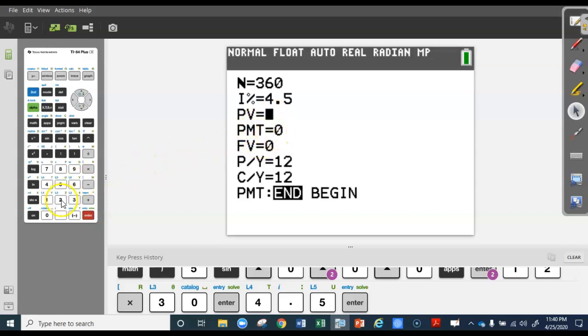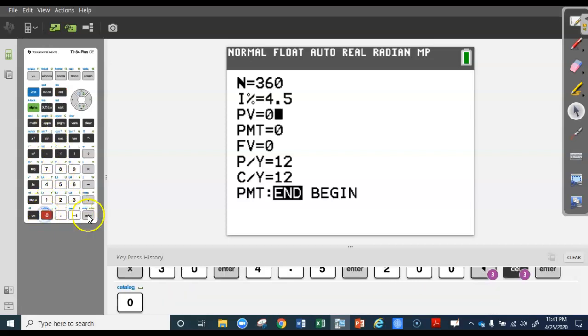The payment was $200 a month. Oops, I didn't hit enter on the 0 there, so I have to back that up, delete that, that should be 0 there, and hit enter. 0, enter. And now the payment should be $200.